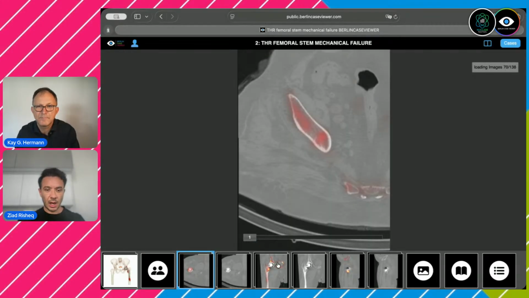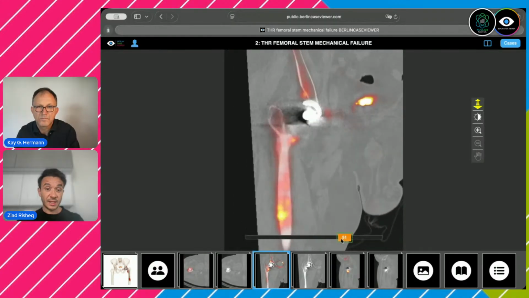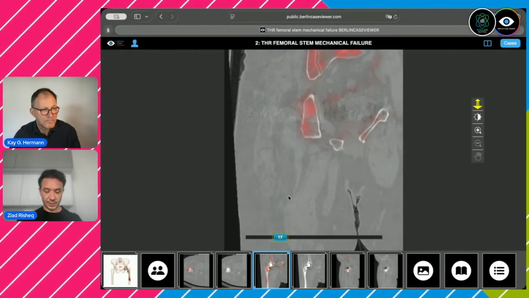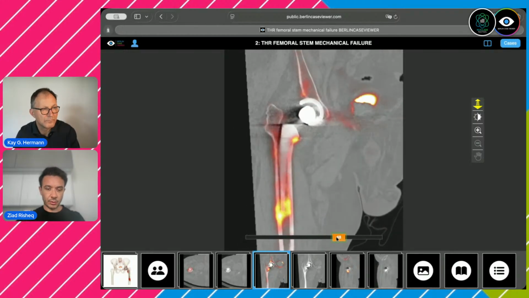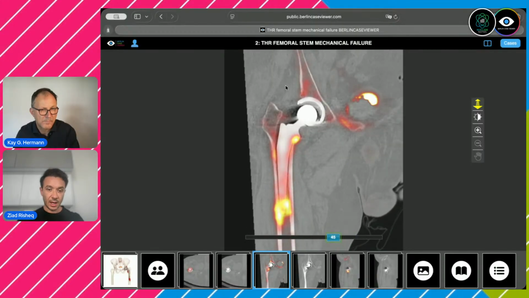Now, I'm going to jump into the coronal images. As you can see, these are multiplanar reconstruction images. I went through the femoral stem to get the proper diagnosis. So these are not orthogonal axial, coronal and sagittal planes.